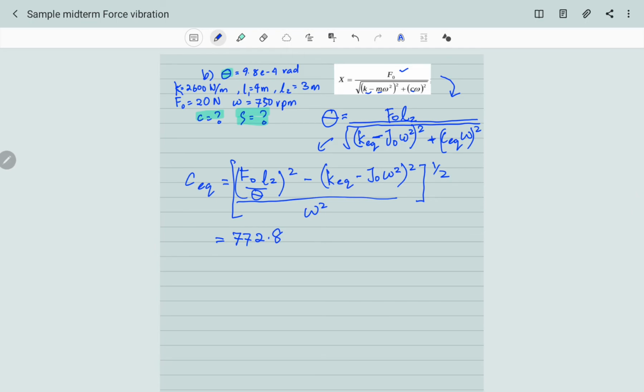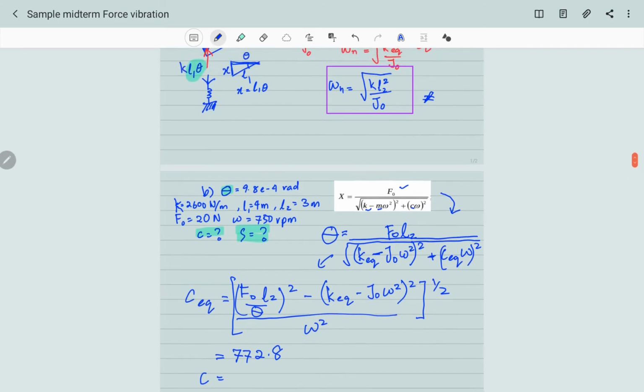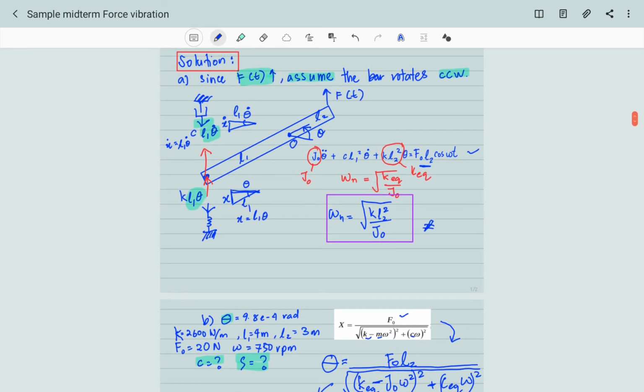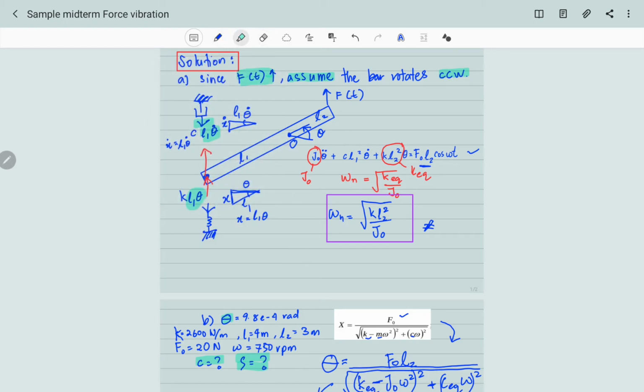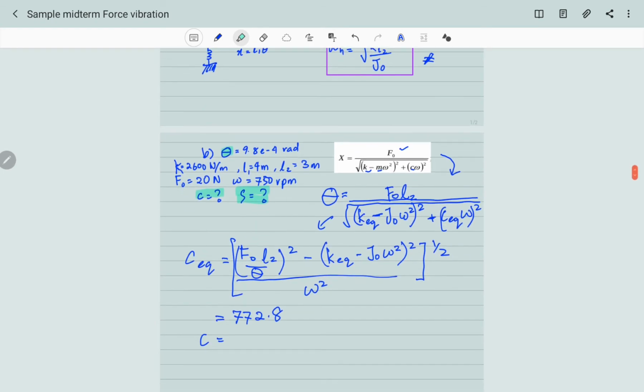After you rearrange, I have rearranged this for you, then you substitute all the values and you get C equivalent as 772.8. Once you get your C equivalent, you can calculate your C. If you look at the equation of motion here, your C equivalent is CL1 square.